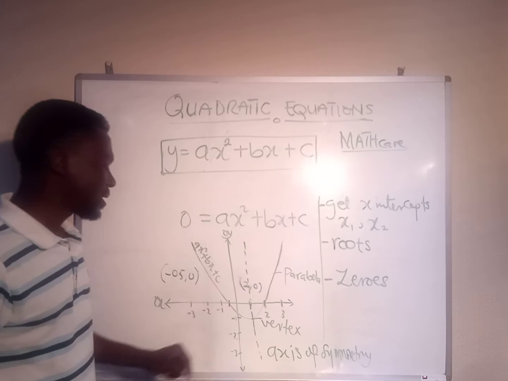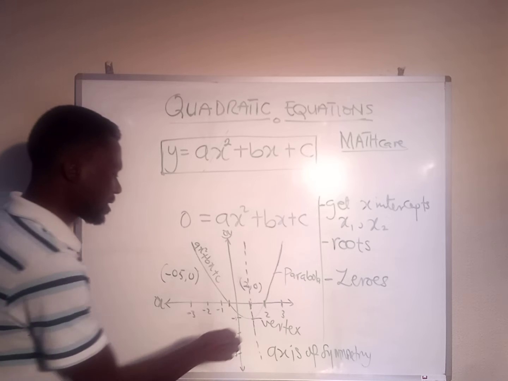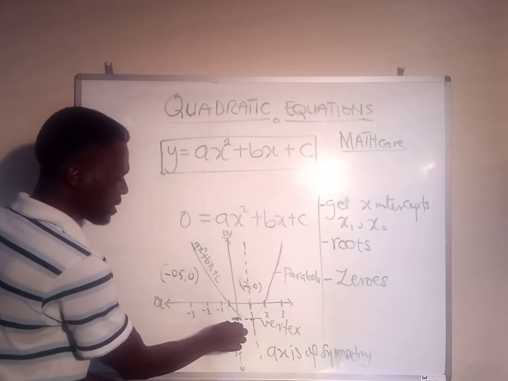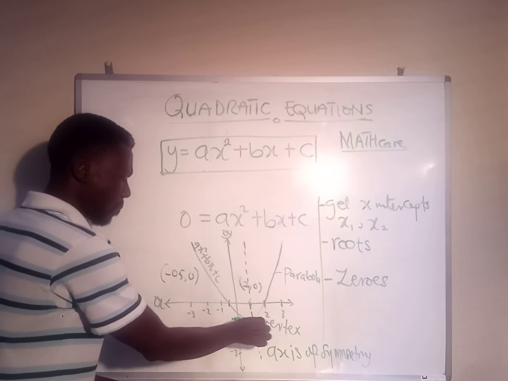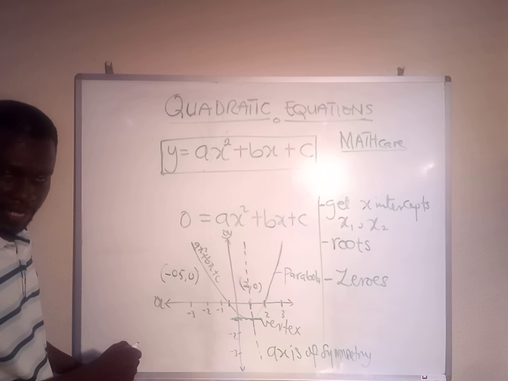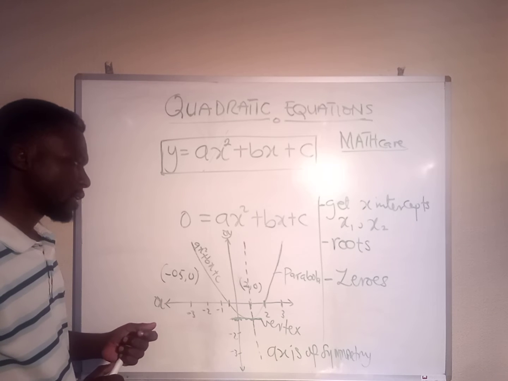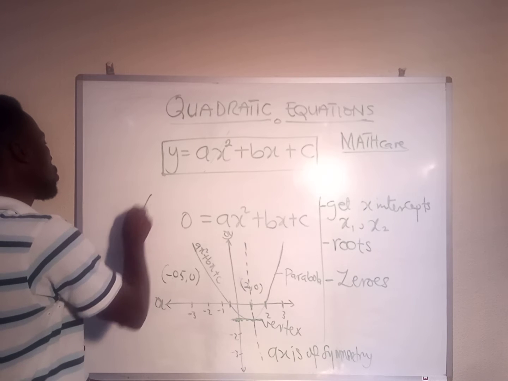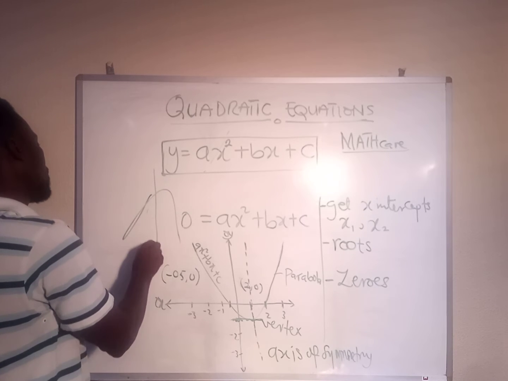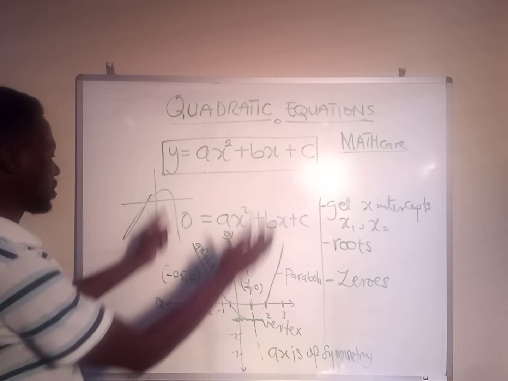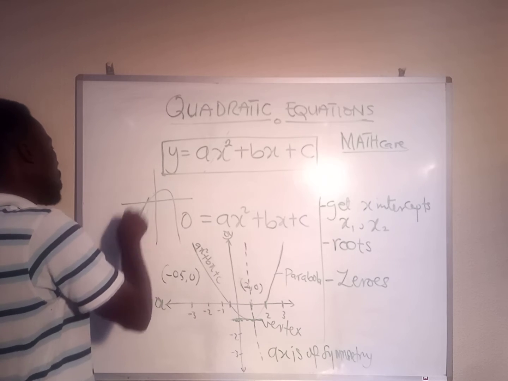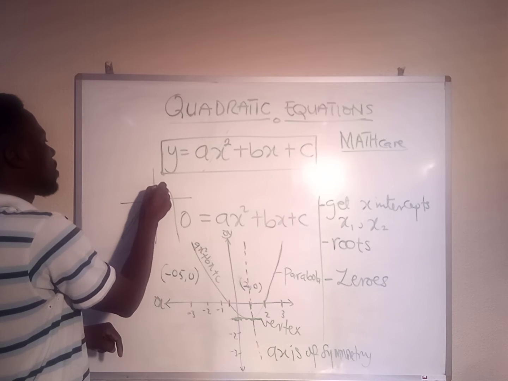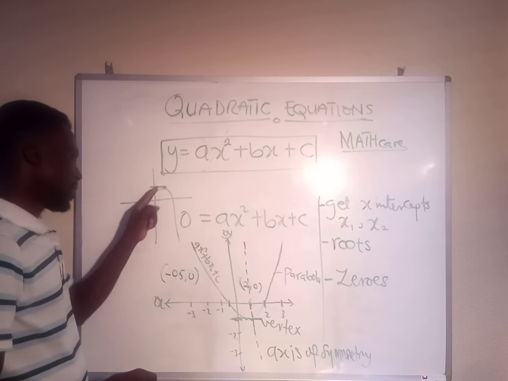So whenever it is like this, you have a minimum point at the vertex. And when the graph opens downwards, it means that you will have a maximum value at the vertex.